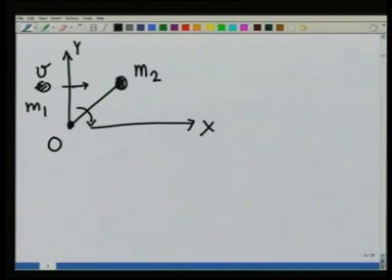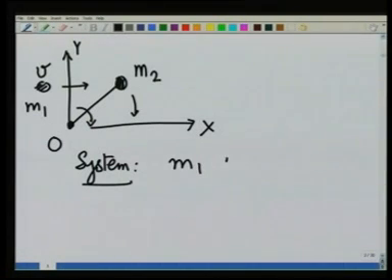After all, when mass m1 hits m2, this rod being rigid, it cannot go up and down. The only freedom it has is to move like this. Let me consider the system to be consisting of masses m1 and m2.